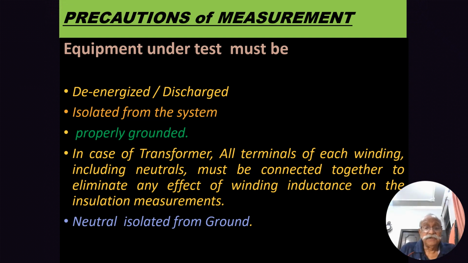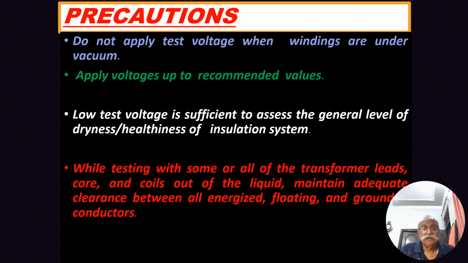Precautions of measurement. Equipment under test must be de-energized or discharged, isolated from the system, and properly grounded. In case of a transformer, all terminals of each winding, including neutrals, must be connected together to eliminate any effect of the winding inductance on the insulation measurement. Neutral should be isolated from ground. Again, do not apply test voltage when windings are under vacuum.